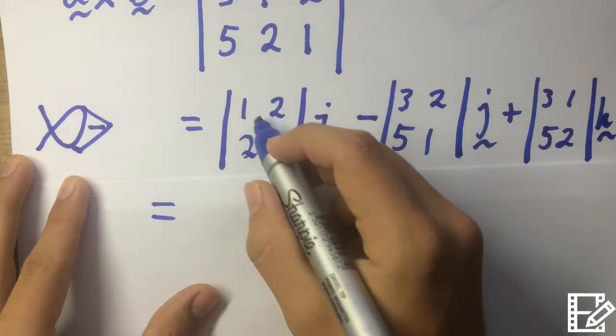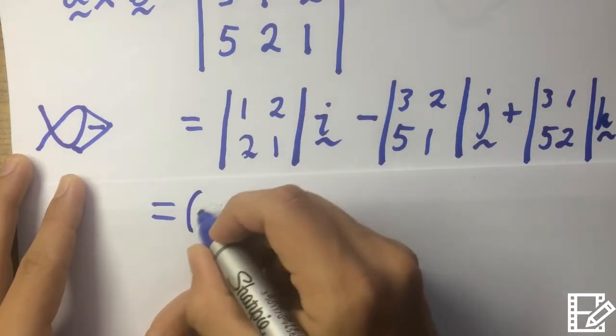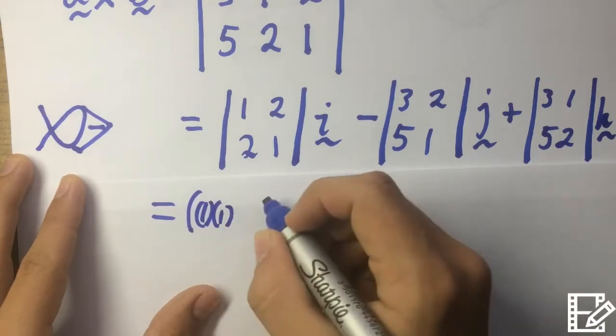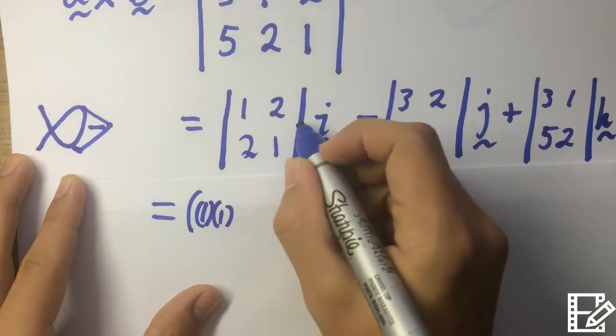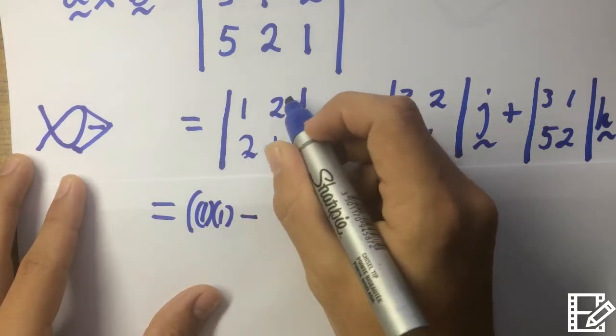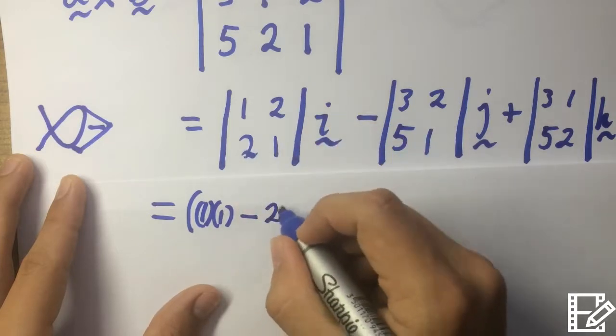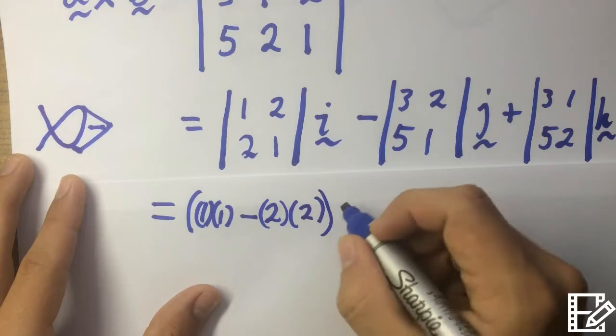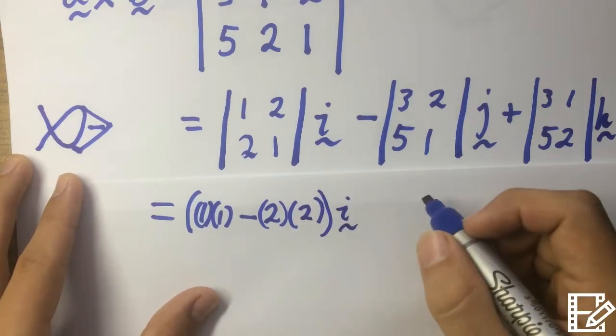Okay, so you have 1 times 1, and then you subtract 2 times 2. And that's your I component.